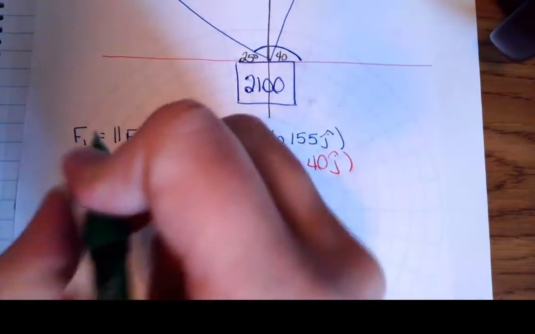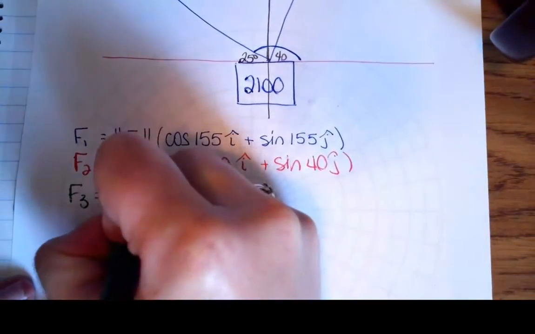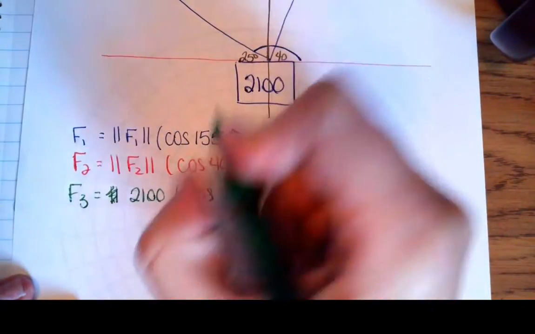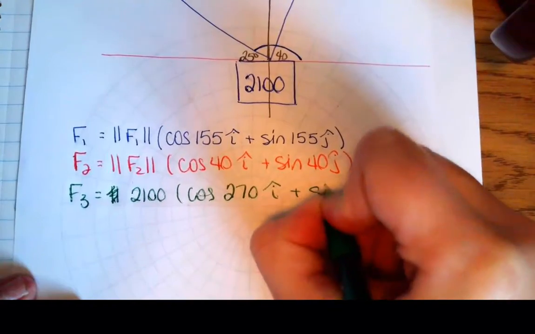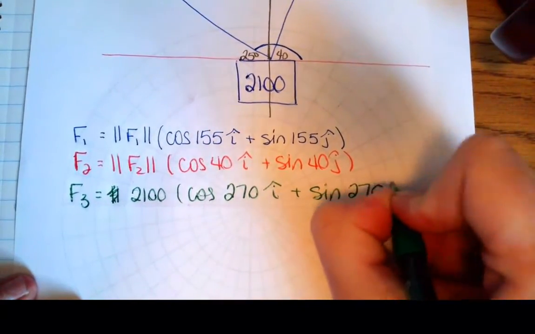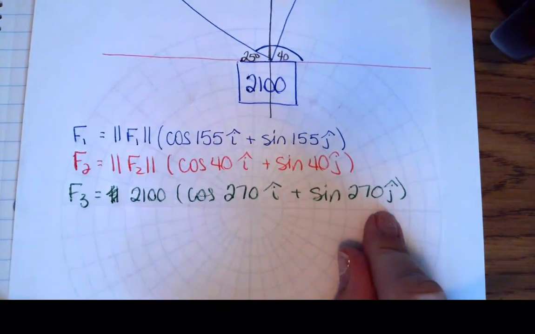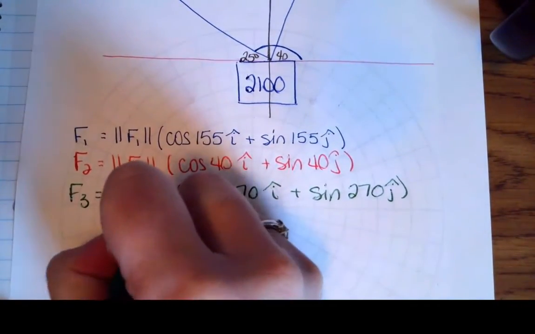is going to be, and I know the force, because the force is the weight, so it's 2,100 times the cosine of 270 on I plus the sine of 270 on J, which means there's no variables here. I know what the cosine of 270 is. It is 0.